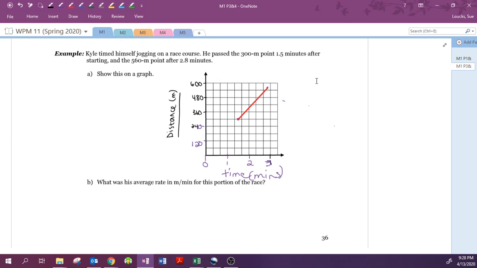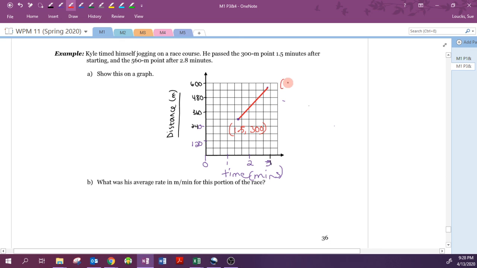All right, and then we want to figure out his average rate in meters per minute for this portion of the race. So this point up here, let's do this one first. The starting point was 1.5 minutes and 300 meters.